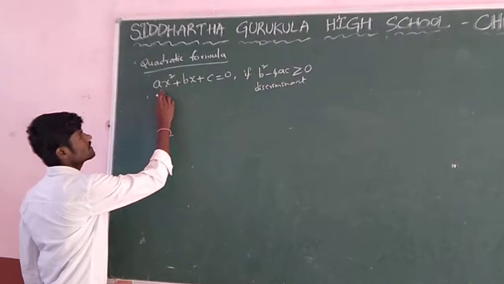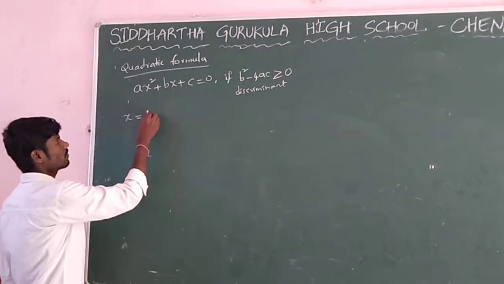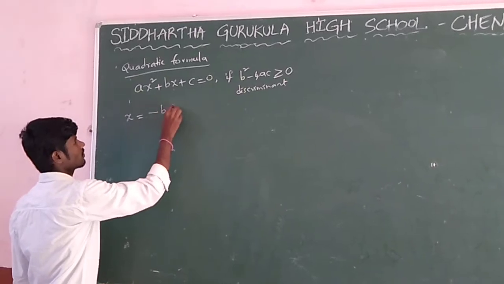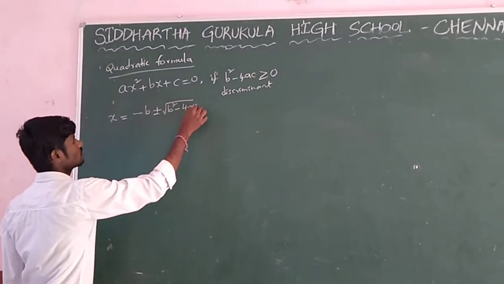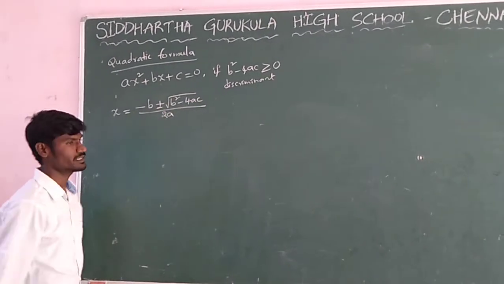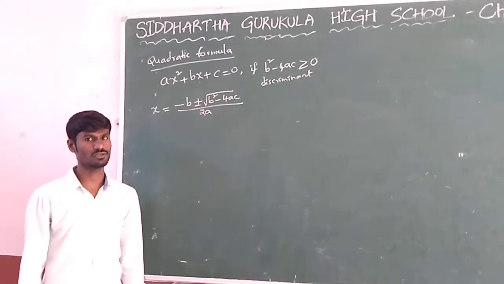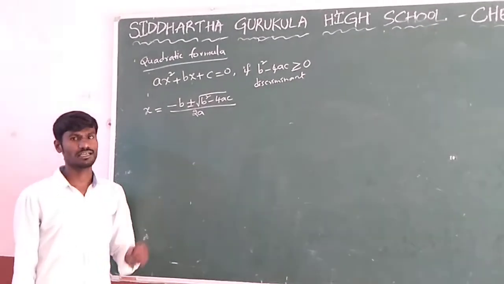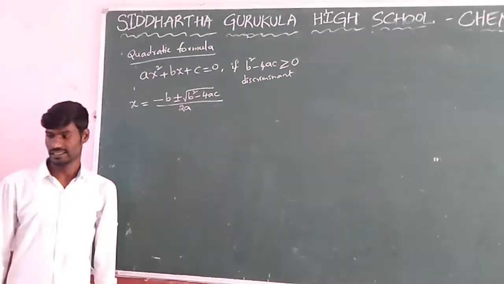The value of x is minus b plus or minus square root of b square minus 4ac, divided by 2a. By this formula we can find the solution of a given quadratic equation.